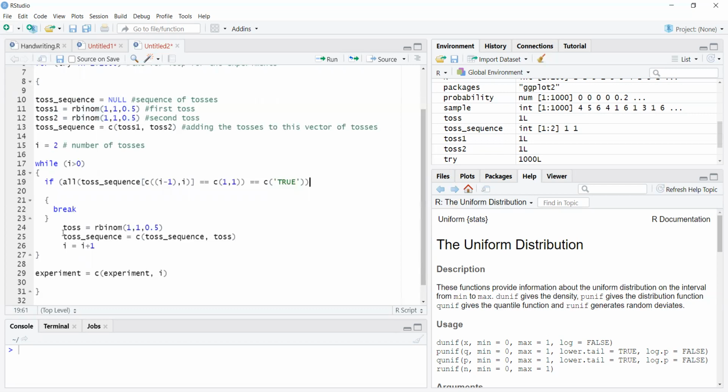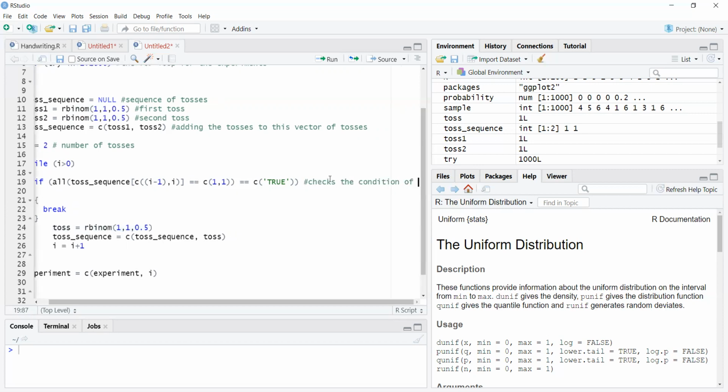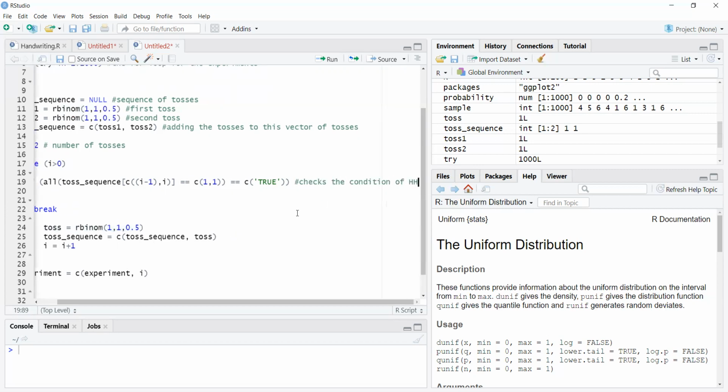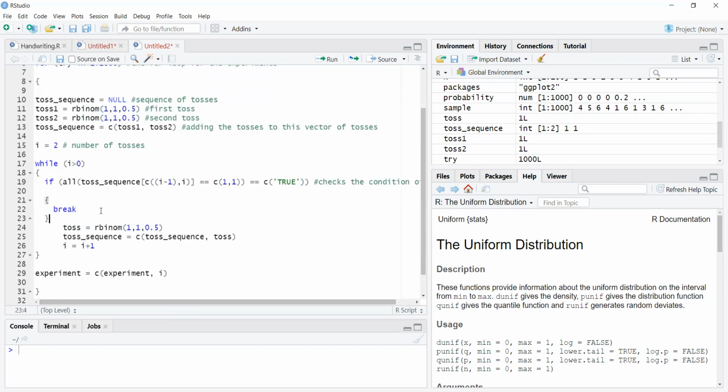If it's not true, then we do another toss. So it checks the condition of heads and heads. If the condition is true, it breaks the loop.